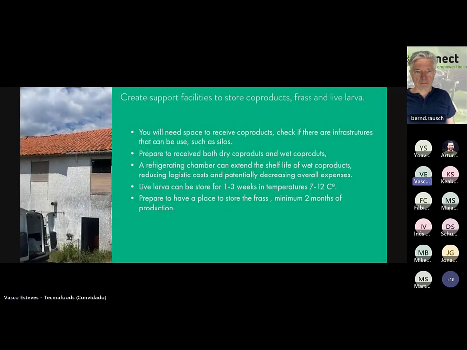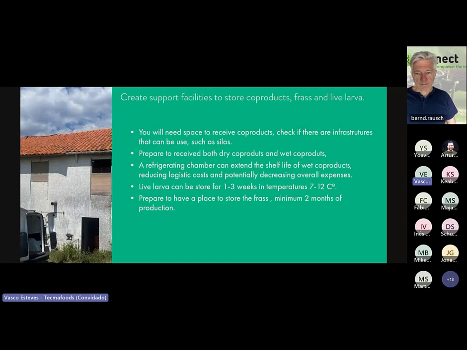So step 3 will be operations prep. So look at my current facilities today, if I have them, and see if I can use the silos, if I can have a room to store the dry products, if I can install a refrigerating chamber to maximize the life of the wet products, etc. And if I want to ship or store live larvae, if I can also fit a controlled low-temperature chamber, to make some stock of the larva.